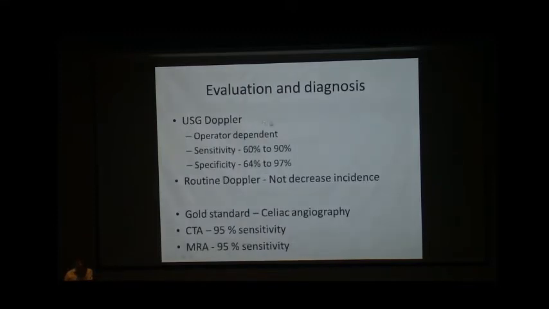Coming to evaluation and diagnosis, the primary modality for evaluation of HAT is detection on ultrasound as a routine screening method, with sensitivity 60% and specificity almost 60 to 90%. Confirmation is obviously by CT angiography or MR angiography.